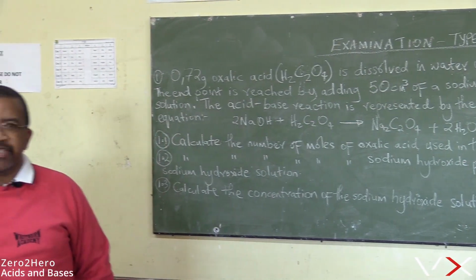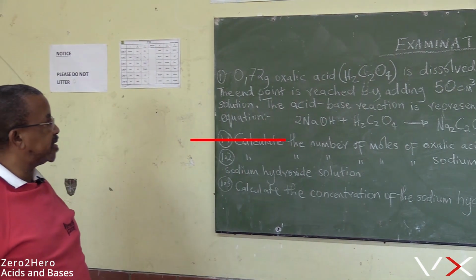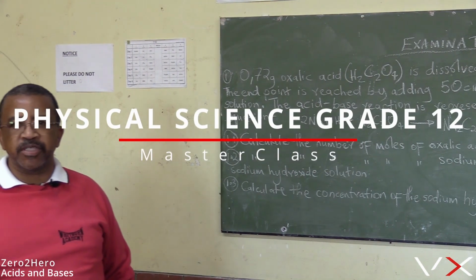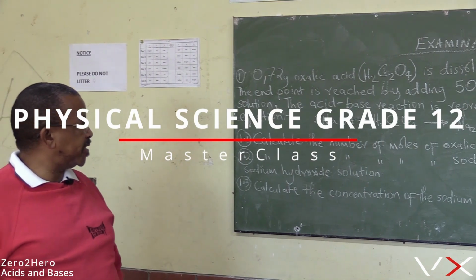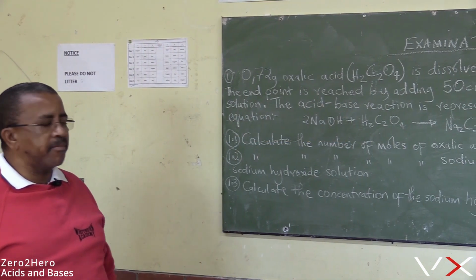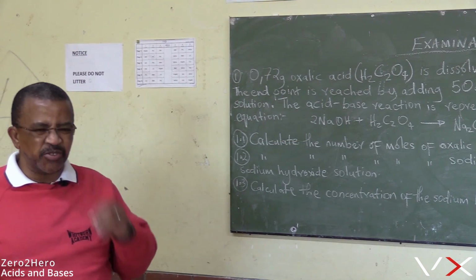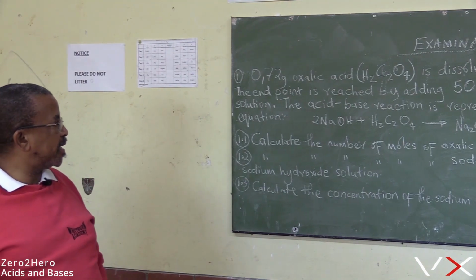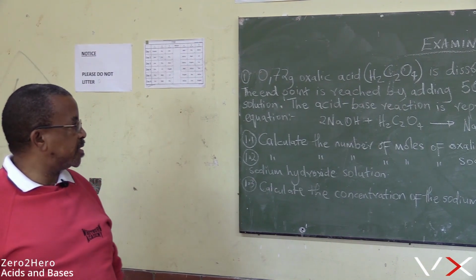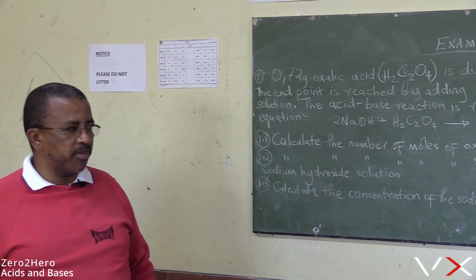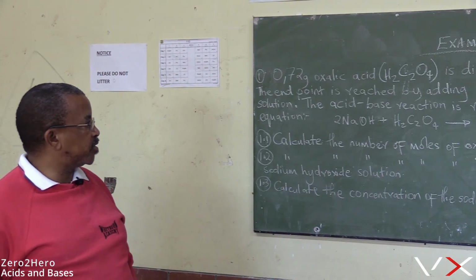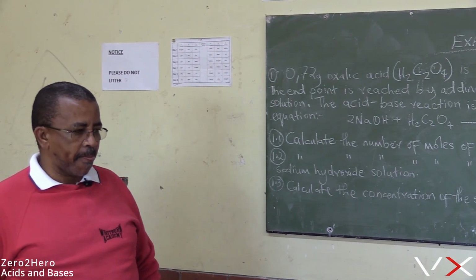Sanibona, ngiyaqala manje ngibheka one of the questions, examination type question is acids and bases. Bajwayele ukukhuluma ngale acid engajwayelekile le. Ngithe let me do a problem kuyona ngayo le kwiza i-oxalic acid.